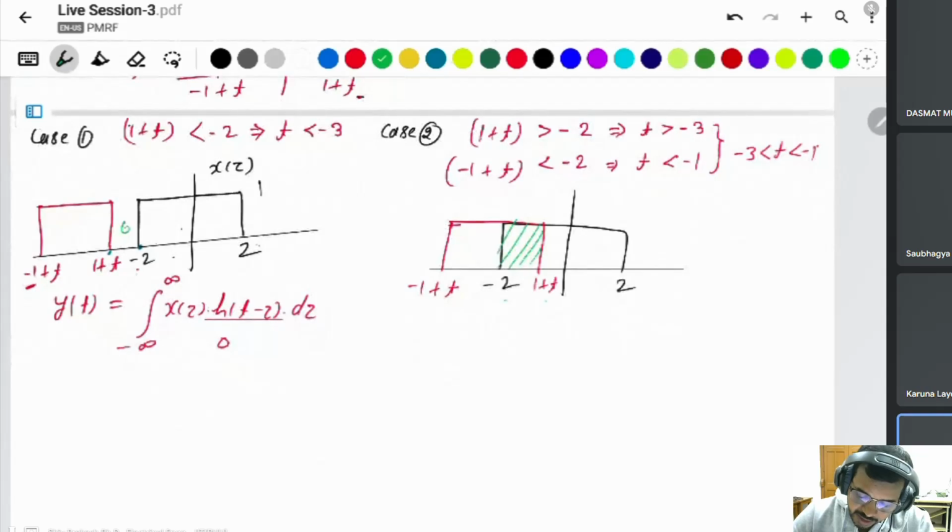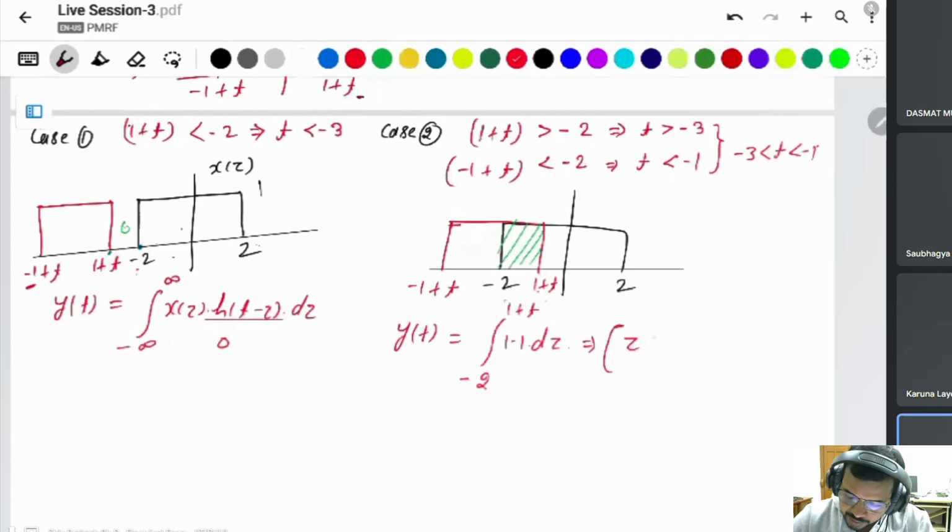This is the integration limit to find the output. y(t) is the integral from minus 2 to 1 plus t of 1 times 1 d tau. This is just tau, from minus 2 to 1 plus t. So y(t) is 1 plus t plus 2, because minus and minus is plus, and y(t) is equal to t plus 3.